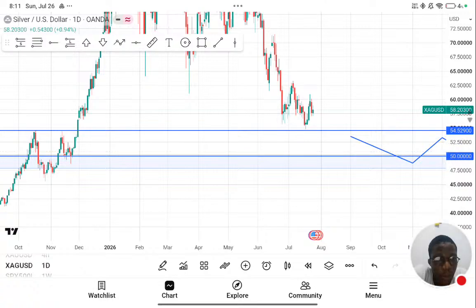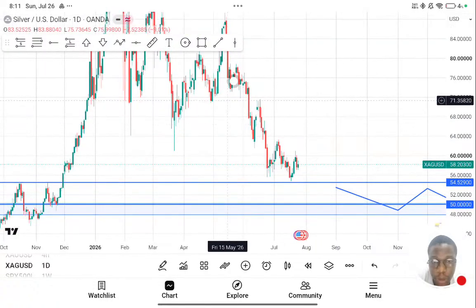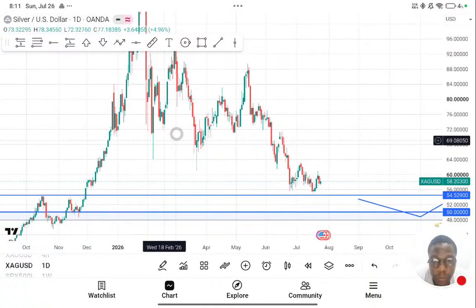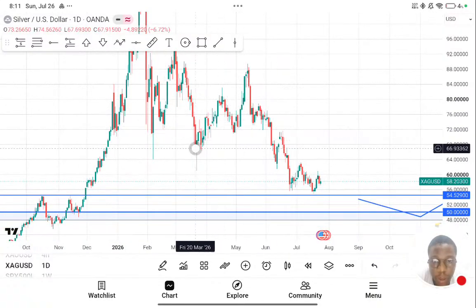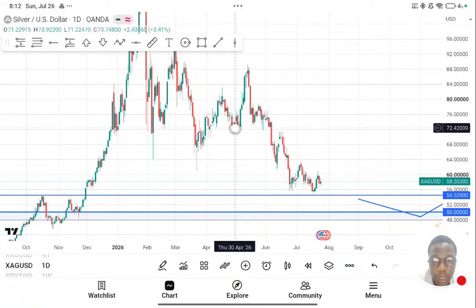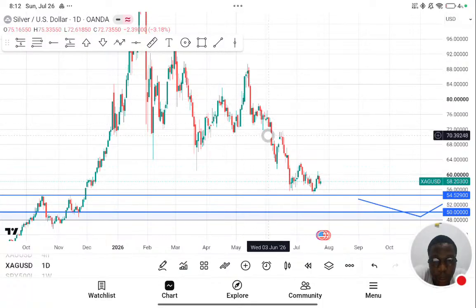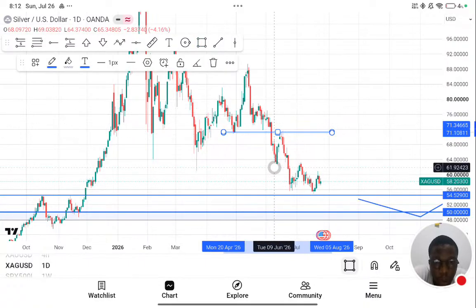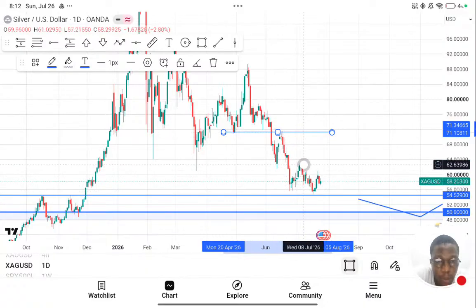But then if you look at your market structure, lower lows, you don't need to bother yourself. This was from higher high, higher low, higher high, higher low. All of a sudden price came, took out this level, lower low, lower high, lower low, lower high.